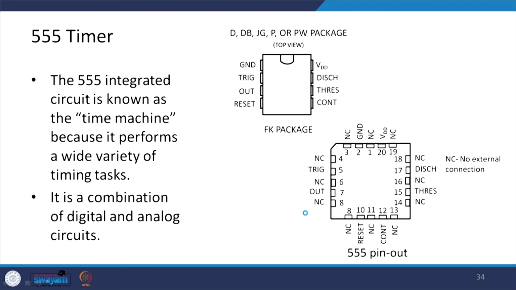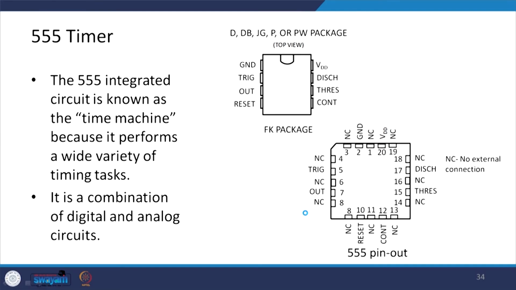Now, let us look at the 555 timer. Okay. The 555 IC is known as the time machine because it performs a wide variety of timing tasks, okay, and it is a combination of digital and analog circuit. So, you are here seeing the 2 types of packaging basically, okay.